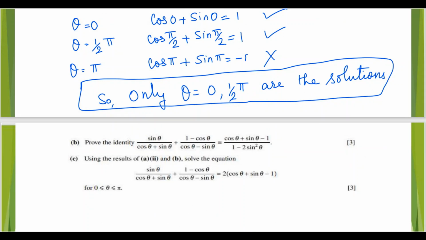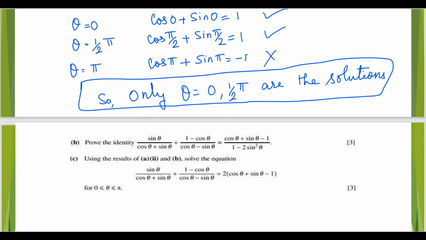The next part of the question is prove the identity sine theta divided by cos theta plus sine theta plus 1 over cos theta divided by cos theta minus sine theta equal to cos theta plus sine theta minus 1 divided by 1 minus 2 sine square theta.